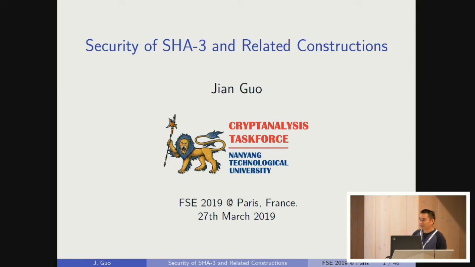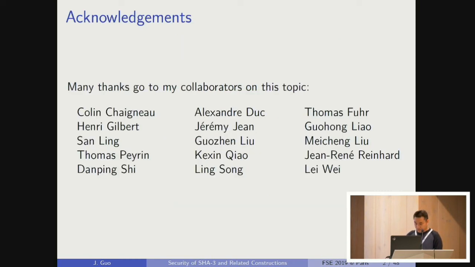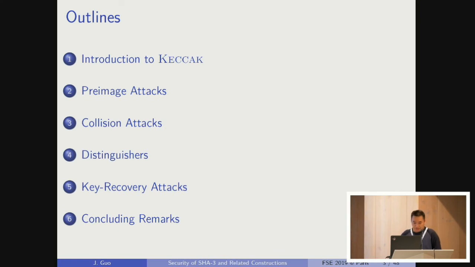Thanks for the introduction, Jeremy. So the title of the talk is Security of SHA-3 and Related Constructions. I was so lucky to have so many collaborators on this topic. I should say that I'm only summarizing the results on their behalf because they did most of the work. So the talk is divided into 6 sections.